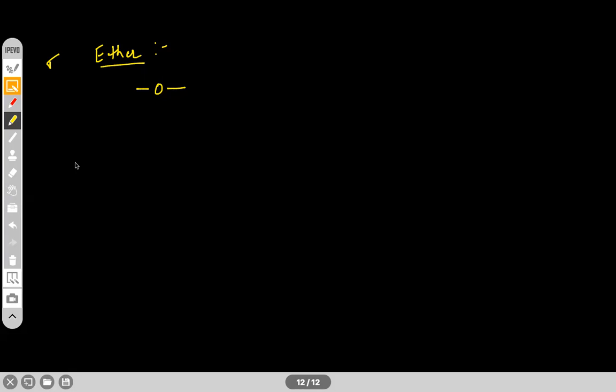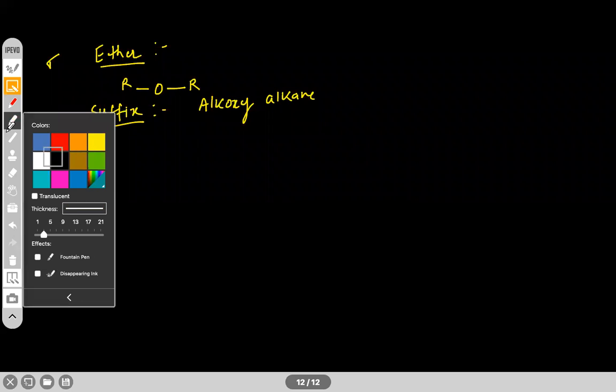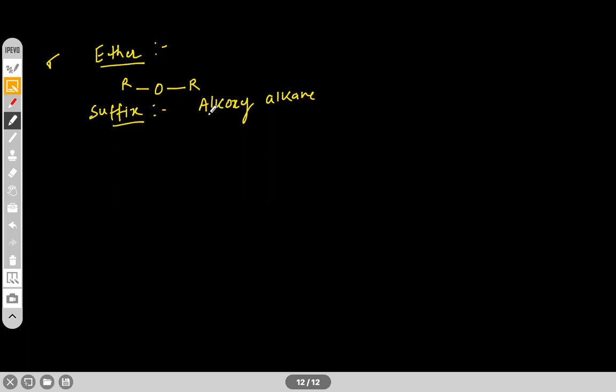Alkoxy alkane. Where here we have R and R, alkoxy alkane. So the smaller alkyl group goes with this alkoxy, because again you see both sides we have alkyl group. So the smaller one goes with the alkoxy part.